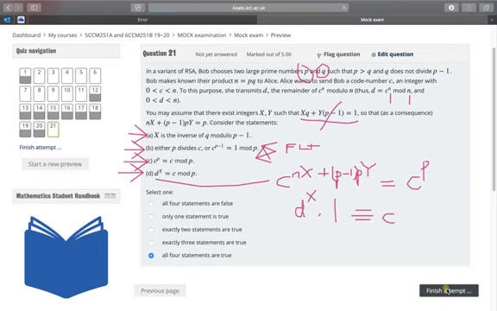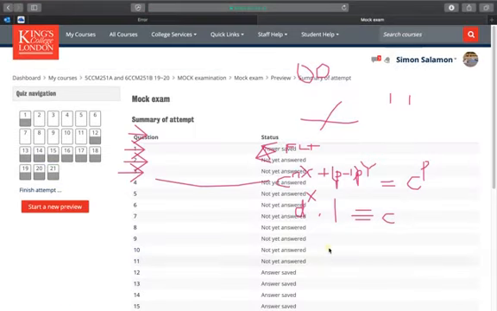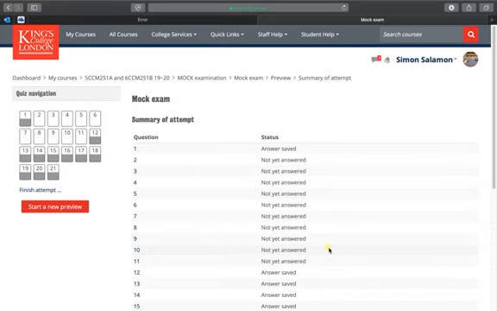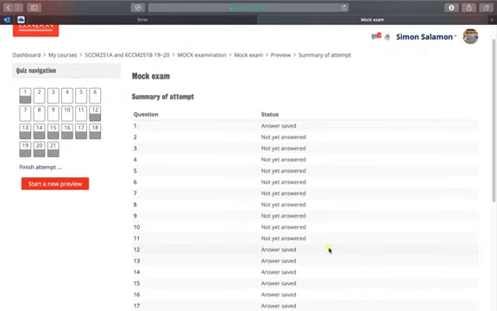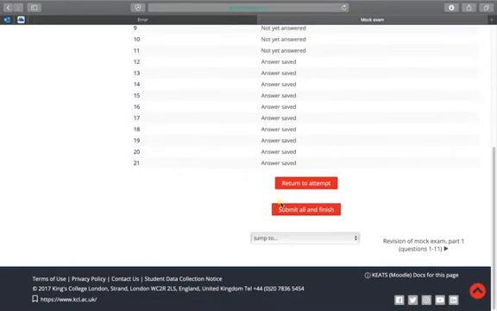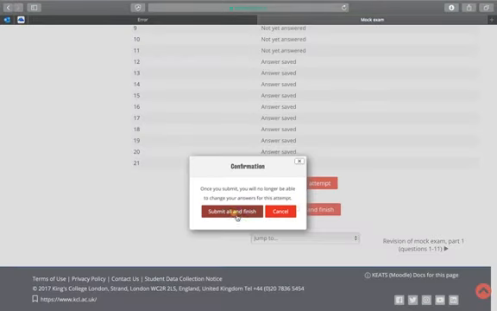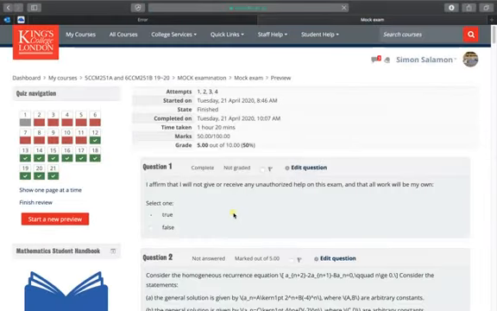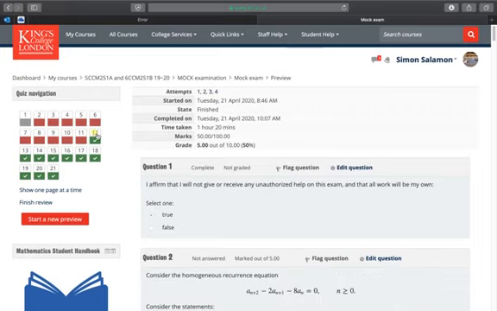We're only doing half the quiz. You can check on the mock exam what your marks are and what answers are correct. Hopefully submit all and finish. And you see we only started from question 12, and they're all correct.